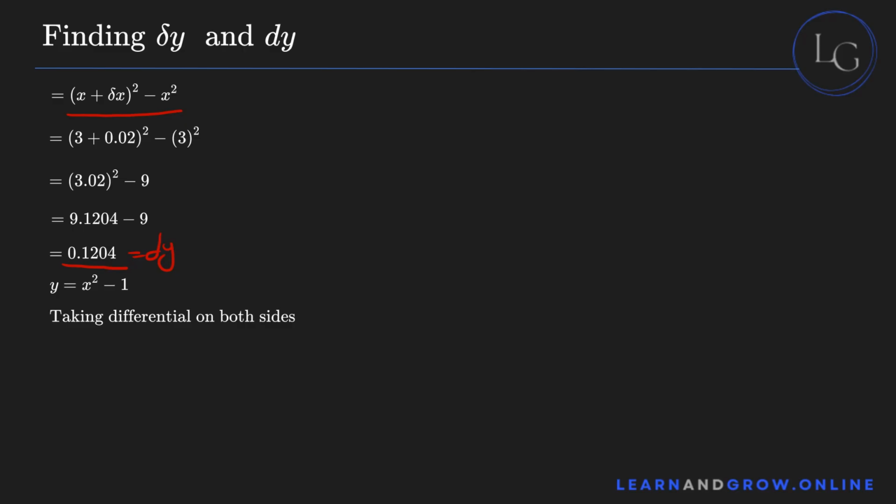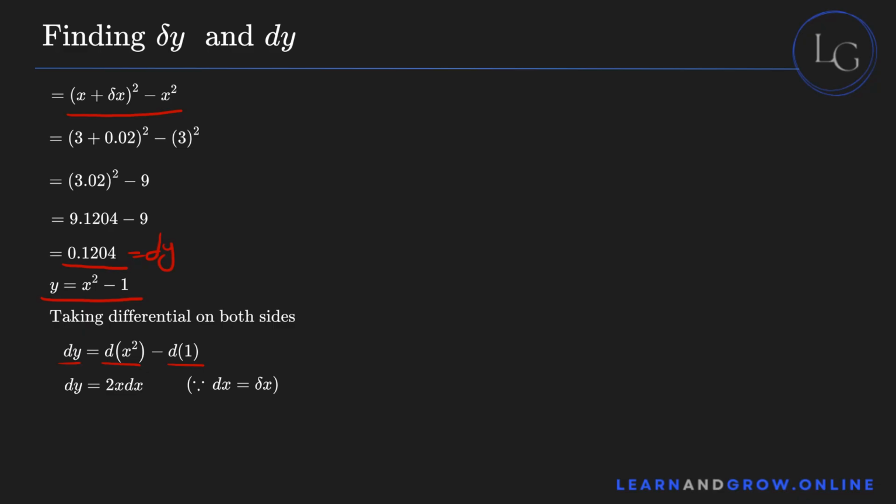Take the differential on both sides of this equation. So obviously this y will become dy, and you'll have d of x square over here and d of 1. As you know, when you take the derivative of x square, you basically just get 2x into dx, because obviously this is not dy by dx, this is just the differential of x squared.